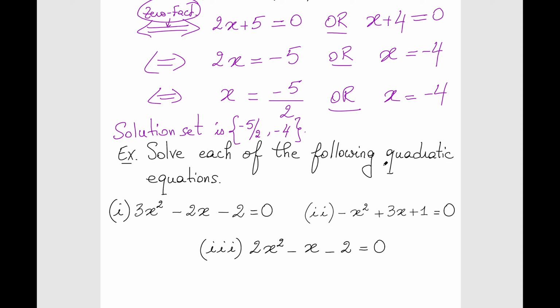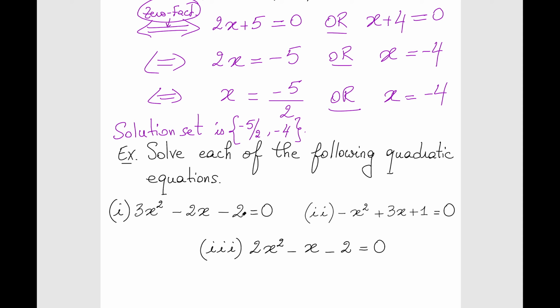To be more precise, it's referred to as a quadratic equation written in standard form, because you can shuffle things around, right? Standard form means one side is a second degree polynomial, the other side is 0. Anyway, the question is to solve each of the following quadratic equations.